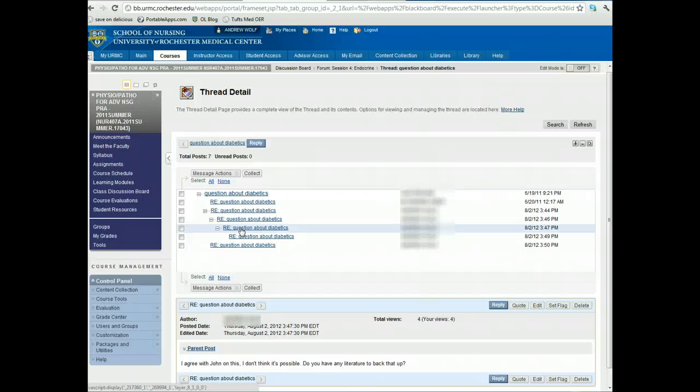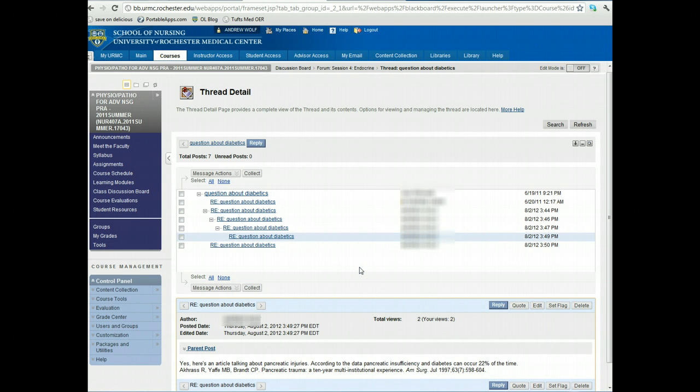"I agree with John. I don't think it's possible. Do you have any literature to back this up?" And then John answers, "Yes, here's an article. According to the data, pancreatic insufficiency and diabetes can occur 22% of the time," and provides an article. So we had a nice little side discussion. It really was kind of a debate that went back and forth.